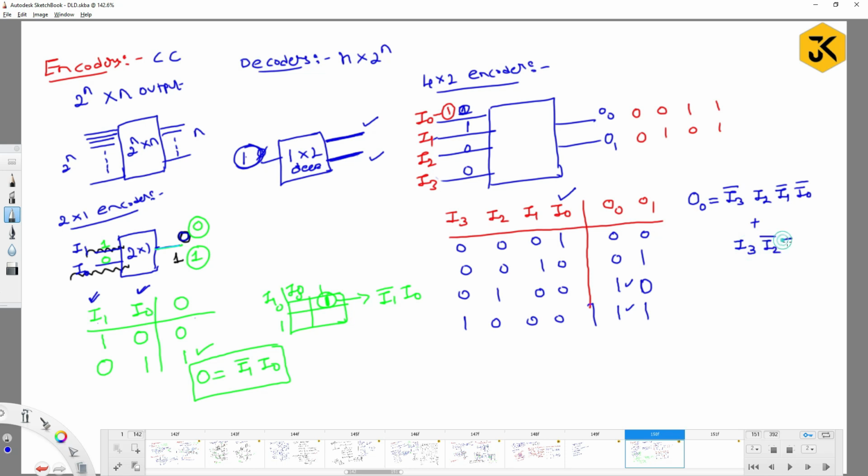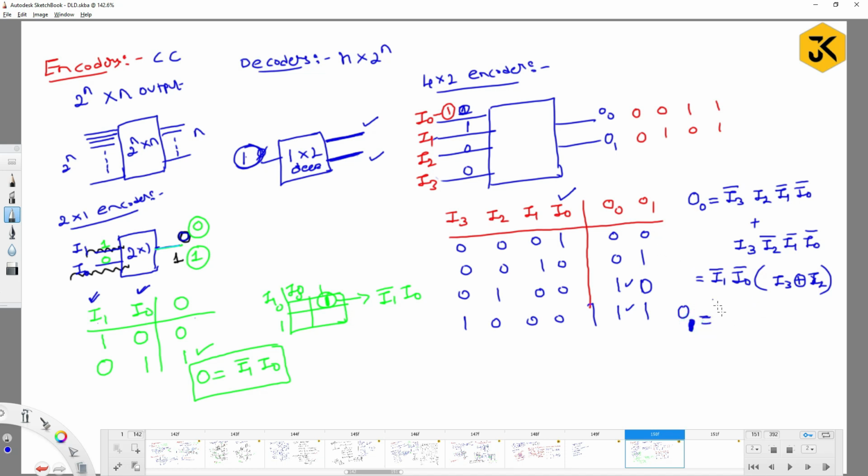I3, I2 bar, I1 bar, I0. So try to solve this one. If you solve it, I take out the common I1 bar and I0 bar, and you may get I3 bar I2 plus I3 into I2 bar, so I can say it is I3 XOR I2.